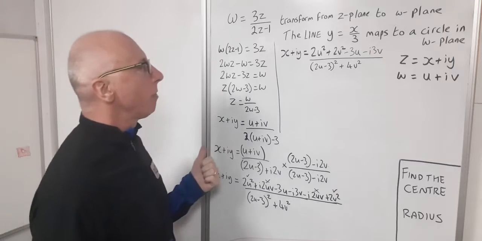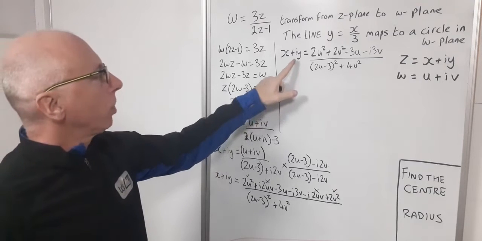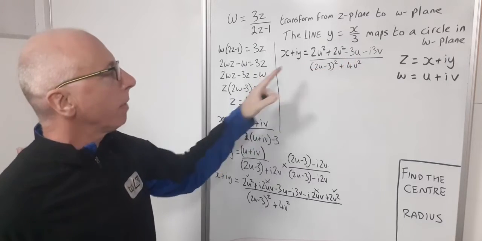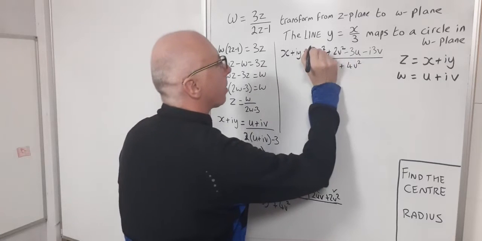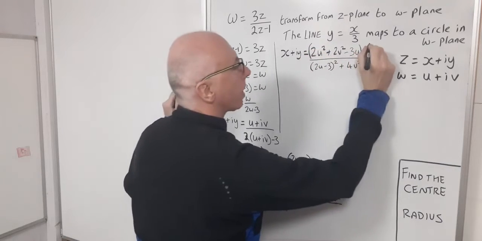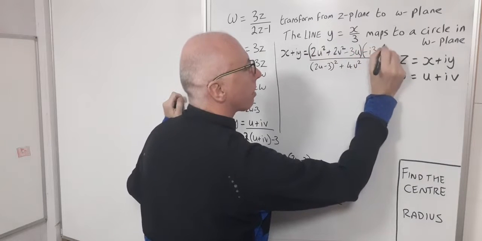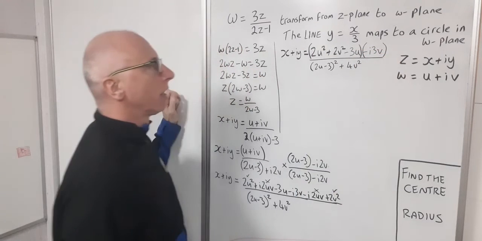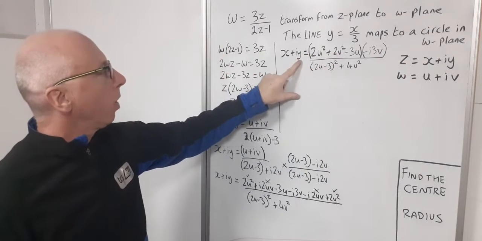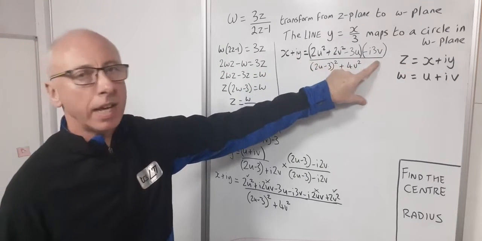So what I should do now is take a real part and an imaginary part. My real part is this bit, and my imaginary part is this minus 3iv. So my x should correspond to this, and the y should correspond to that.